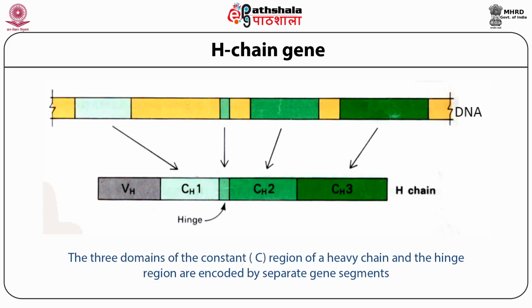The hinge region is also very important because it imparts flexibility to the antibody molecule, so that during cross-linking between the antigen and antibody molecule, the actual distance between the two antigen binding sites can be appropriately adjusted.